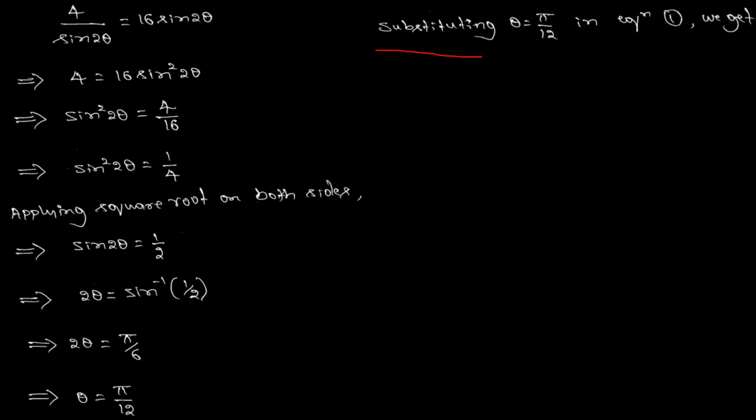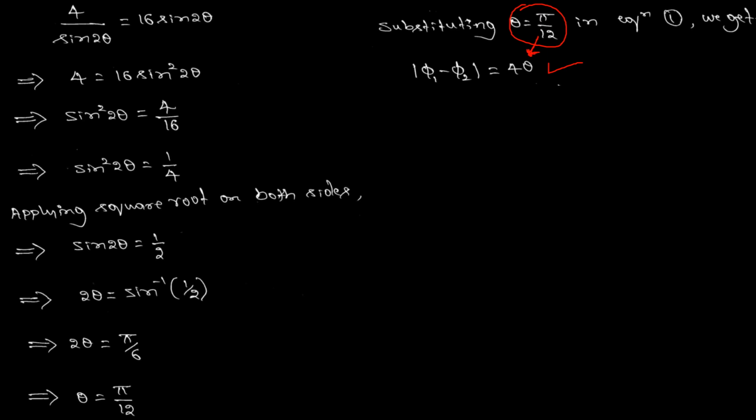Substituting theta is equal to pi by 12 in equation 1, we get the absolute value of phi 1 minus phi 2 is equal to 4 theta. Now let us substitute the value of theta in this. So till now what we found is the value of theta to be substituted in this expression.